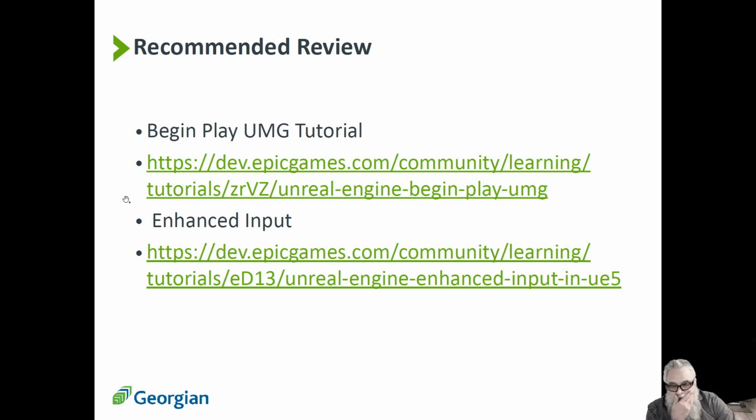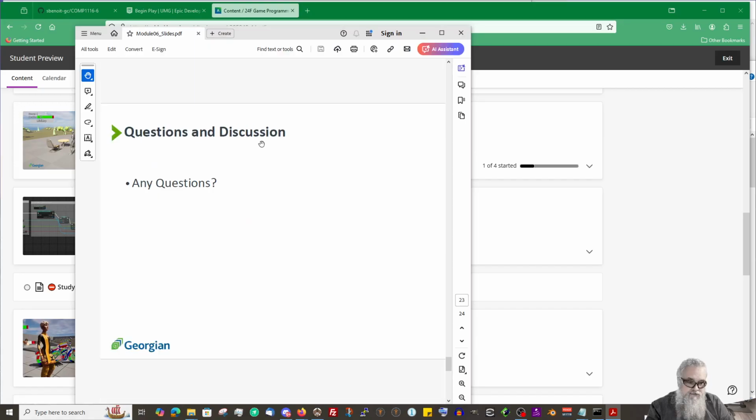Now, recommended review and topic to look at is this Begin Play material on UMG, Unreal Motion Graphics, which is the user input, and this is the one enhanced input system. The HUD system here in UMG is quite a complex system.